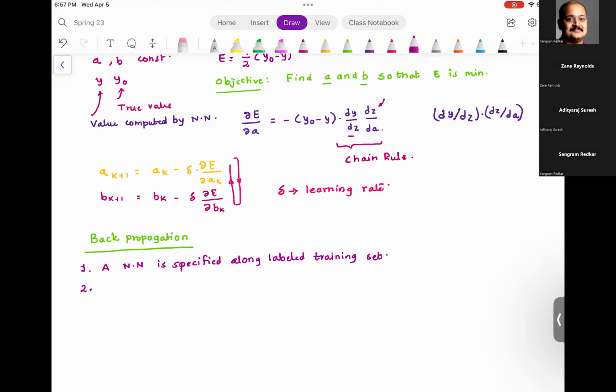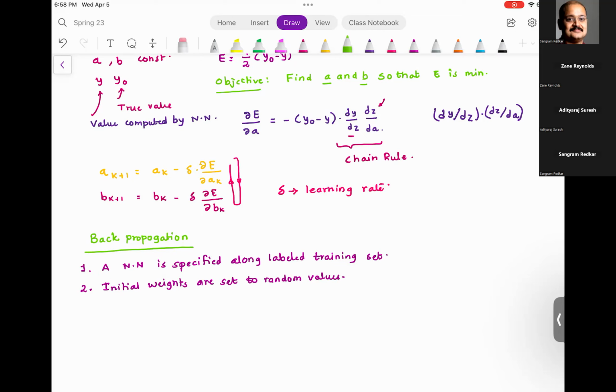Second, the initial weights are set to random values. It is very important to note that you cannot initialize the initial weights to 0. Otherwise, it will not work.